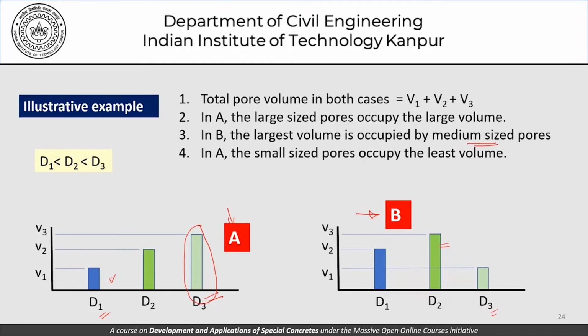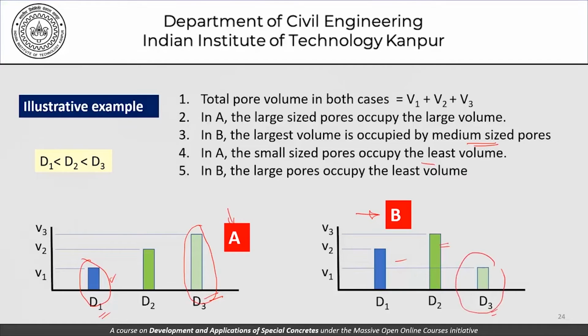In A, the small size pores occupy the least volume, compared to B. As of course clear, in B, the large size pores occupy the least volume. Now, I'm leaving it to you to think as to what will be the implications of these comments that we have made in terms of the properties of these two materials.